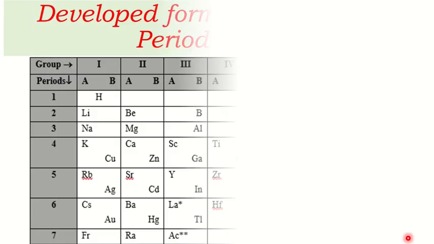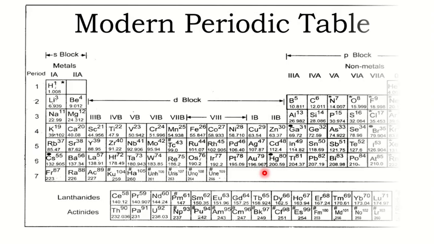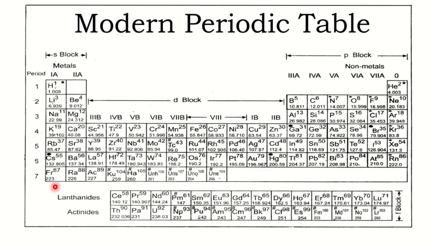Let's have a look at the periodic table. Here, elements are divided into these 8 groups and 7 periods. Only groups and periods are declared. But in the modern periodic table, not only group and period: groups 1A and 2A come under S block elements, and groups 3A, 4A, 5A, 6A, 7A and 0 come under P block elements.